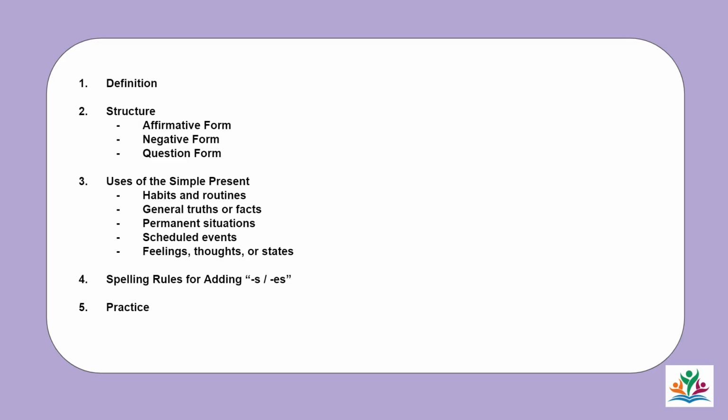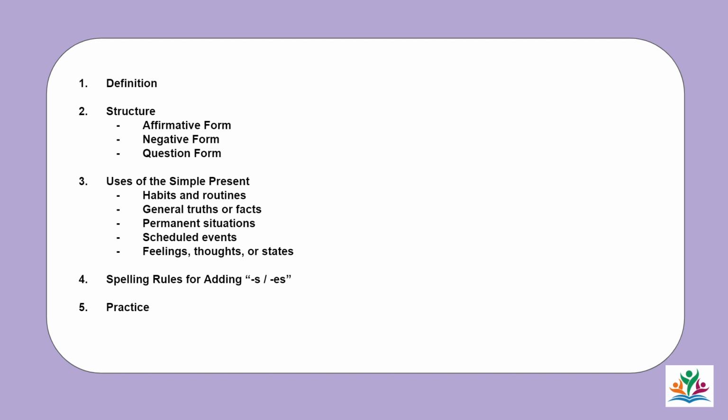Here is what we will cover today. We will start by understanding what the simple present tense means and how it helps us to describe daily habits and permanent facts. Next, we will look at how to form sentences in simple present tense: affirmative form for positive sentences, negative form, how to say something doesn't happen, and also question form, how to ask questions in the simple present tense.